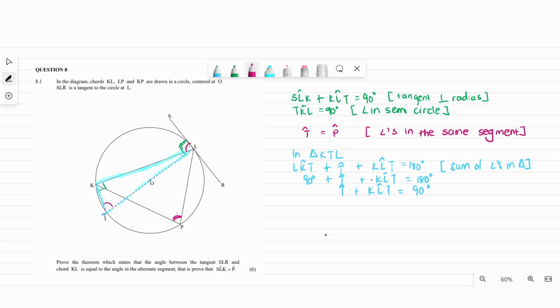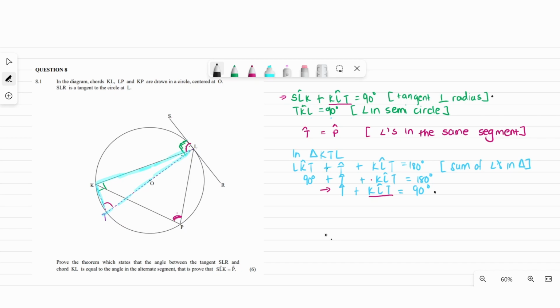We have KLT here and KLT here. So we can basically equate this KLT together. But before we do that, we need to make KLT in the first one the subject of the formula, and here the subject of the formula. So I'm going to start with this one because it's already here.